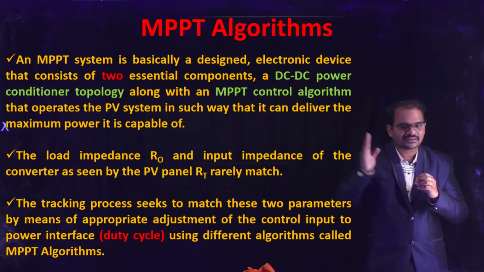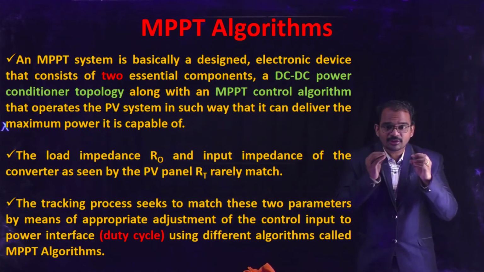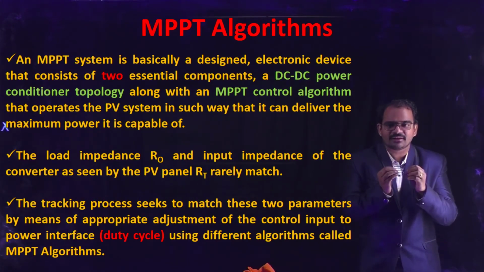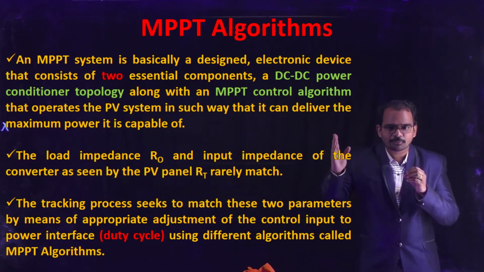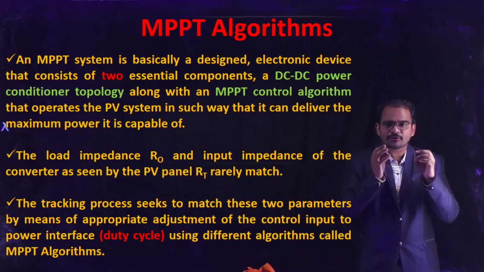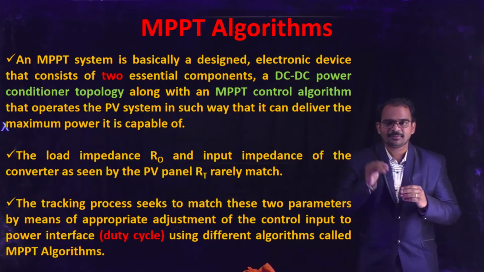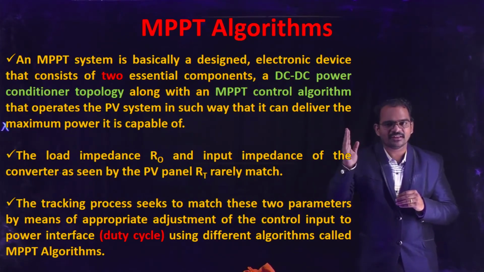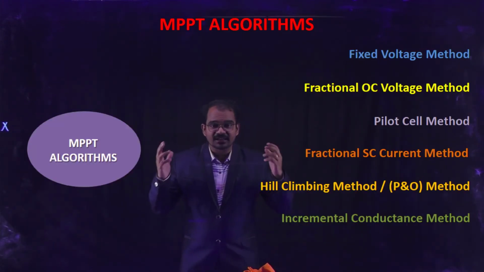It is to adjust the control input or the duty cycle in such a way that the input impedance of the power interface, the DC to DC converter block, is always constant in order to deliver the maximum power to the load. That is, these MPPT algorithms are used to generate the duty cycle which keeps RT constant through the power interface block. There are different MPPT algorithms.